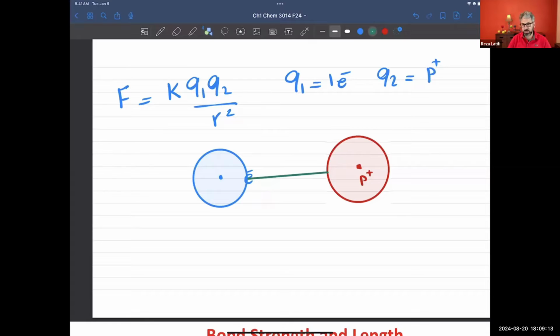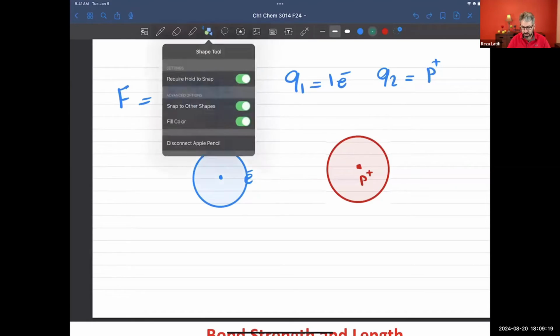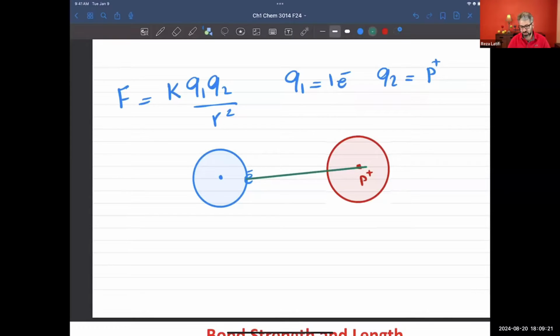And why did I not continue it exactly to the center? You can say this is the distance technically between them. That's fine, and call it R.